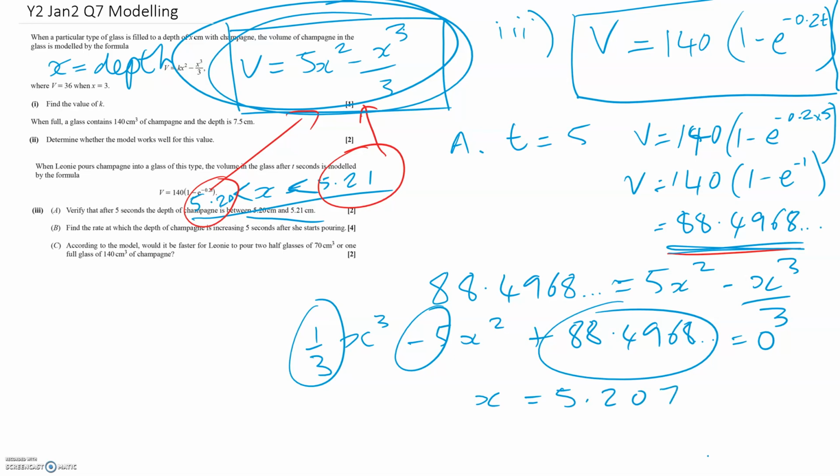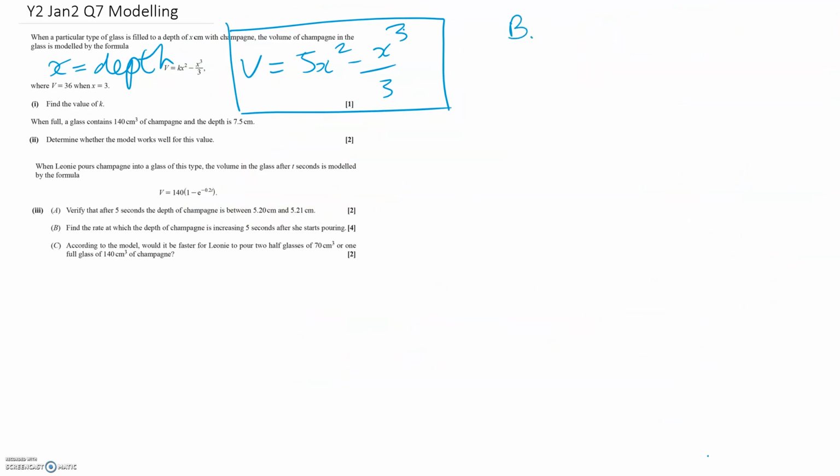I think it rounds to 5.207 to 3 decimal places, and that is between these two values that the question says. So we have now got an answer. Our answer is between 5.20 and 5.21.